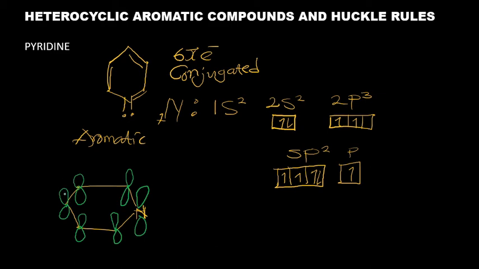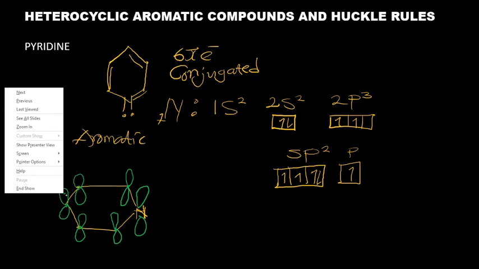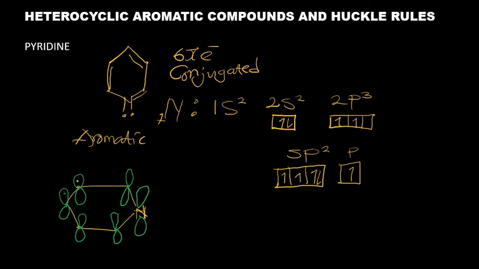We have an electron here, here, here, here, and also an electron here. Before we form those double bonds, two of these each combine to give us a pi bond.